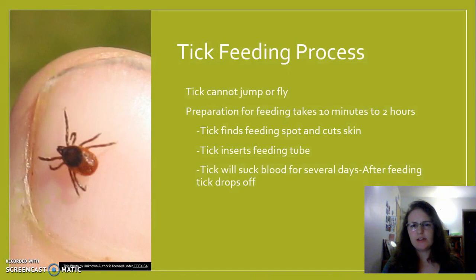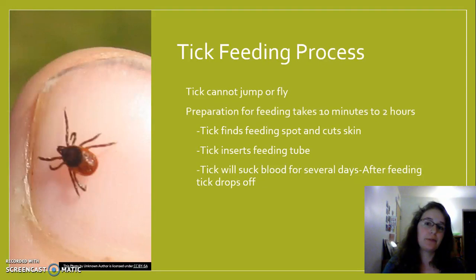So part of that is that the ticks actually can't jump or fly. So the way they latch on to a host is they sit on either a blade of grass or maybe a bush, and they actually stick their legs up in the air, and they latch on to whatever passes by.